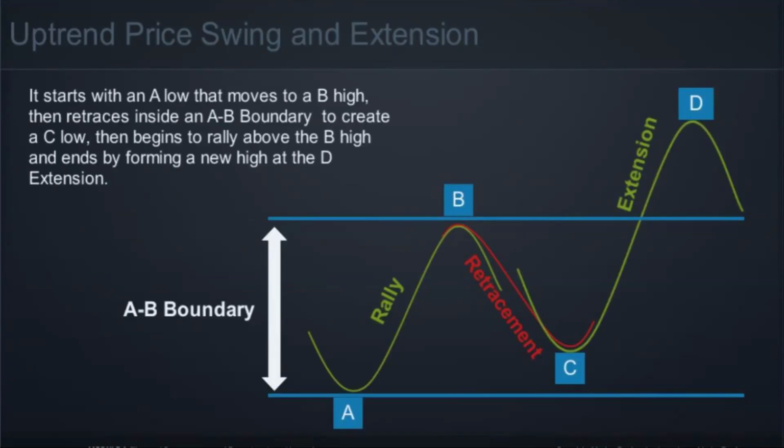I say in the forex market, irrespective of the time frame of the chart, you have one thing that is continuously repeating, and that thing is the price swing. This price swing, A, B, C, D, can be likened to a cycle. One full price swing is one complete cycle.